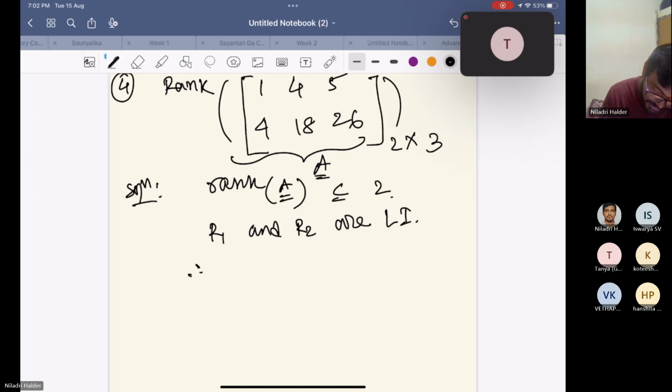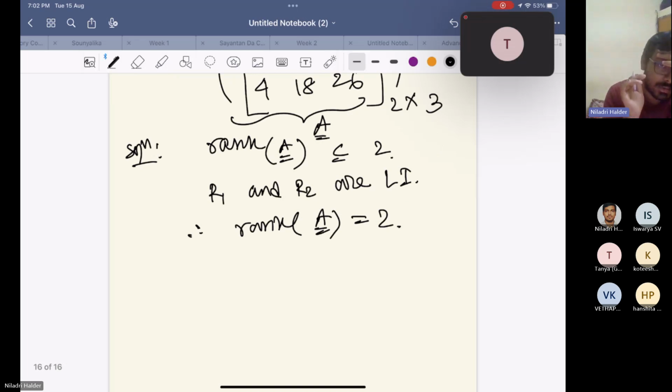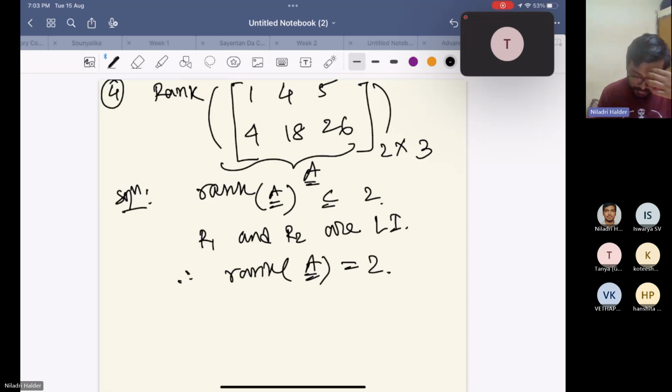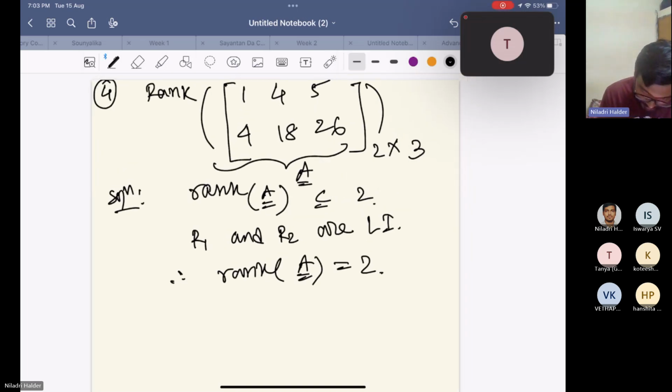So the rank is 2, and you can check this by using the row reduced echelon form also. So the rank of A equals 2.